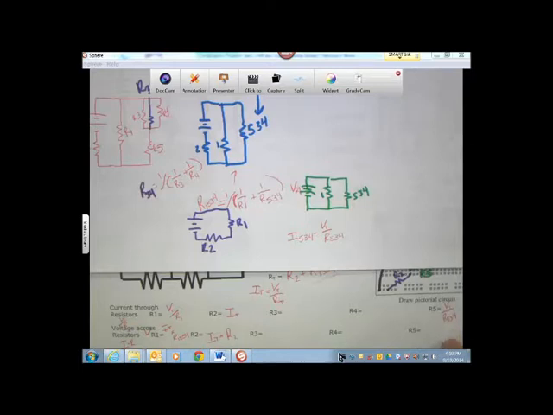And now that I know that, I can determine some other things. I can also determine my voltage drop across R5 because I now have the current at R5.